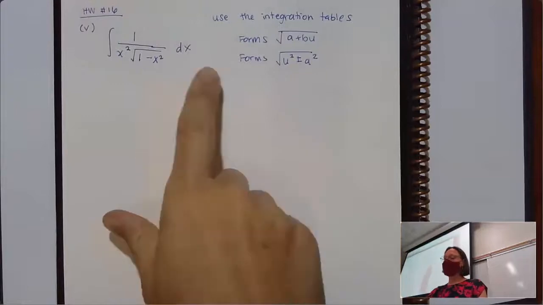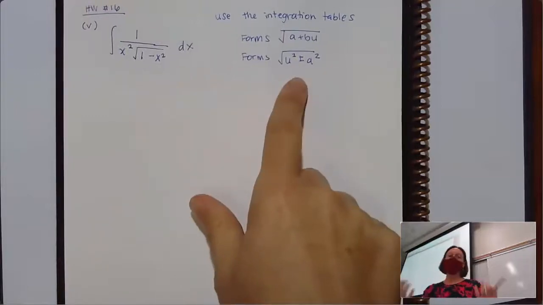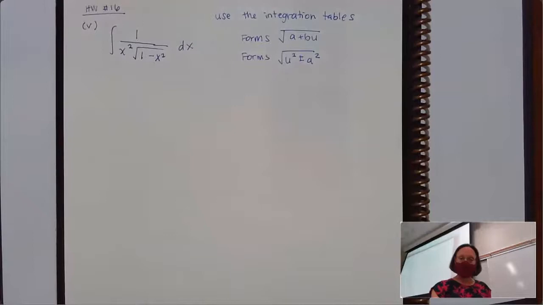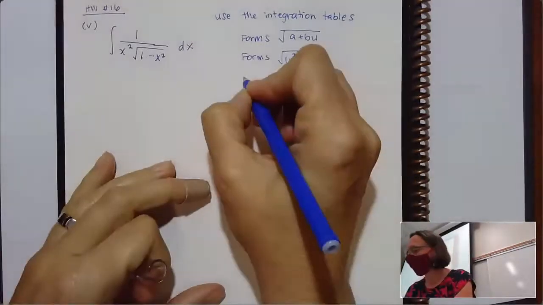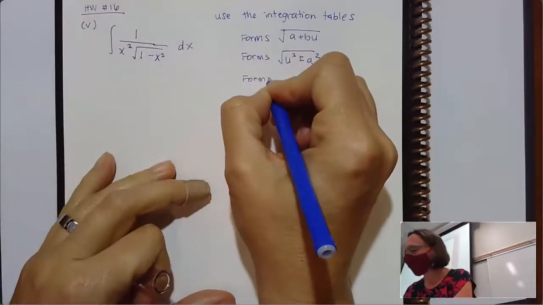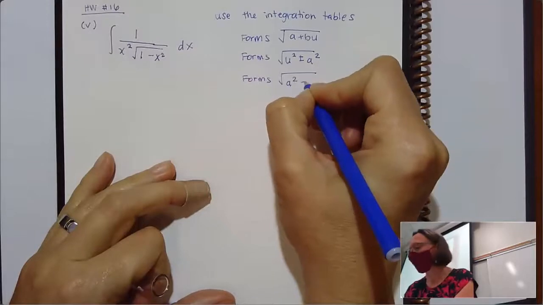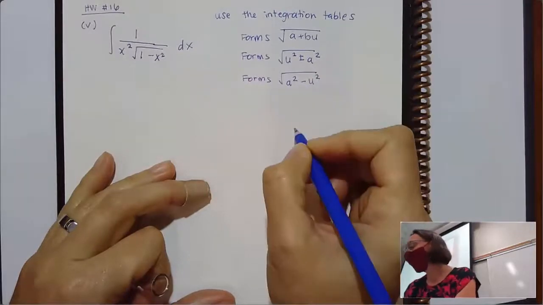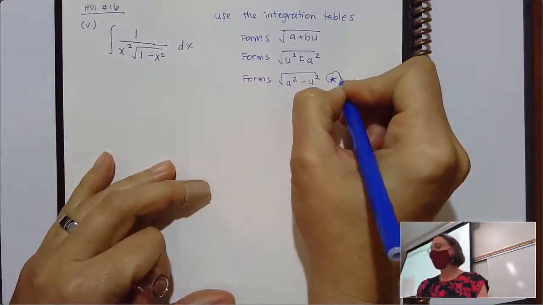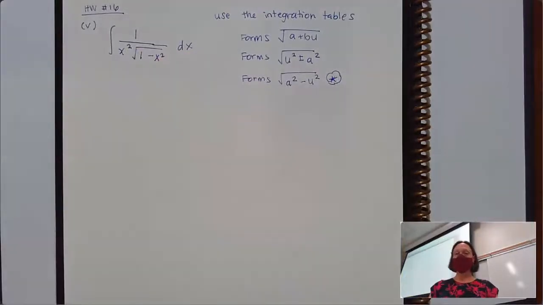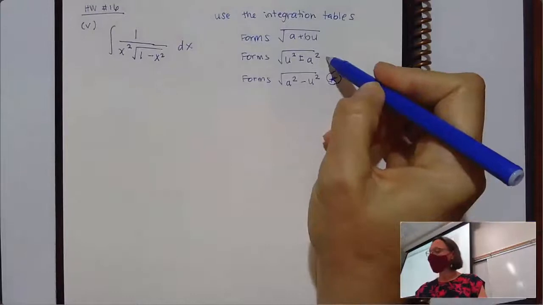So we might be able to make one of these forms work, but let's keep scrolling and see if there's a section that matches a little bit better. And if we go down just a little bit further, there's a section that looks like a squared minus u squared. And this is the section that's going to match better with the form that we have. There's probably a way to make it work with this one.